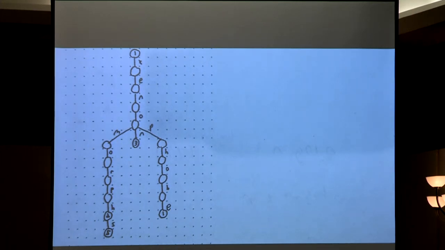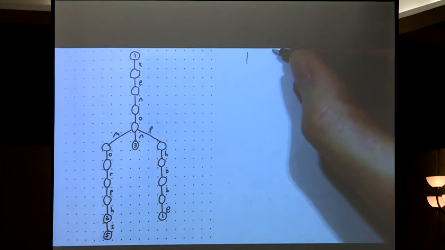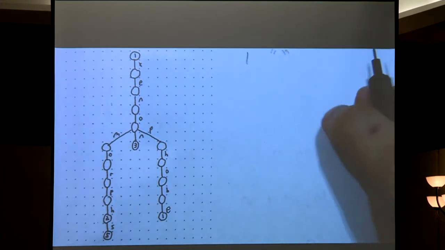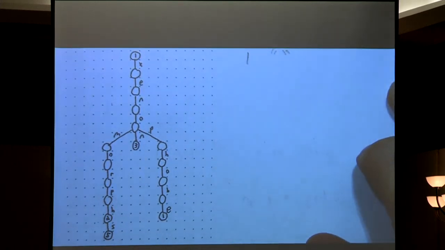What was that? Yeah, got the empty string. Don't forget that. We've got one empty string right up here. What other strings are in the trie?